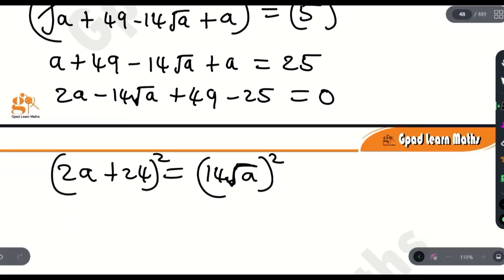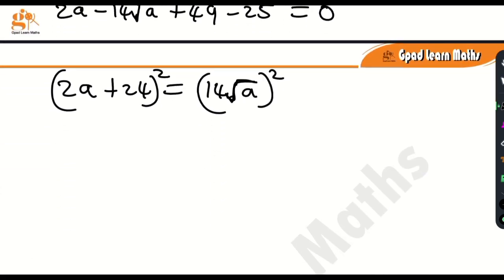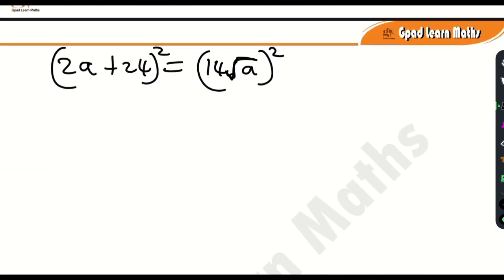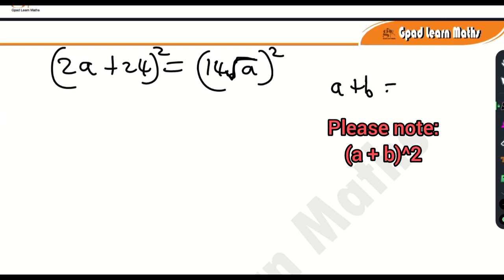Now, using the algebraic identity, this is plus. The one we did before was minus, but it's still almost the same thing, just the change in the sign. A plus B all squared is equal to A squared plus 2AB plus B squared. I'm going to use this right here. So in this case, we have 2a as the first term in the bracket.